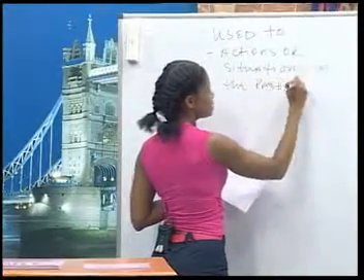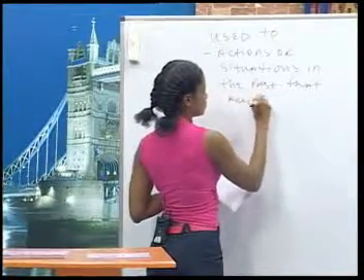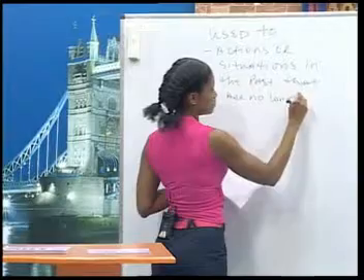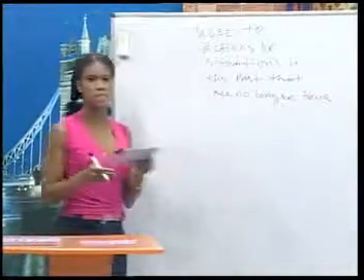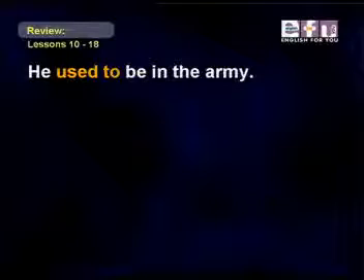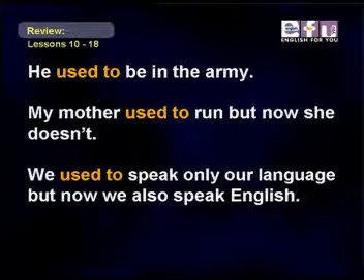In the past, okay, let's look at some examples of used to. He used to be in the army. My mother used to run, but now she doesn't. We used to speak only our language, but now we also speak English.